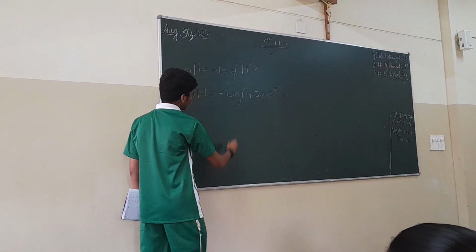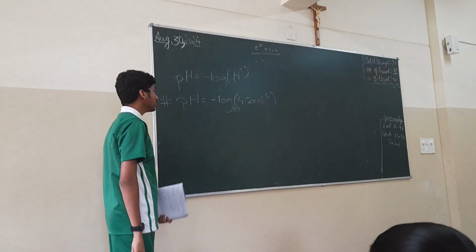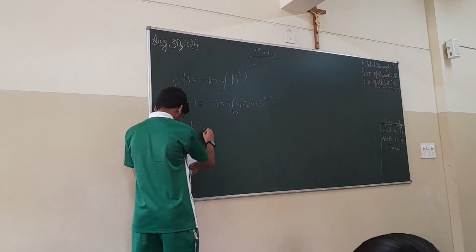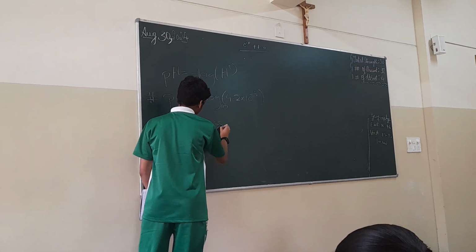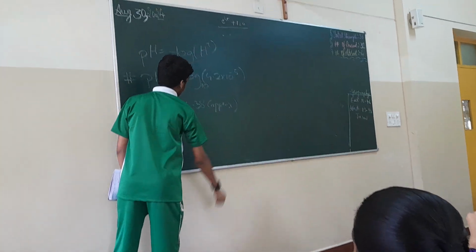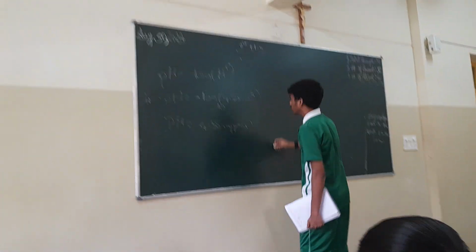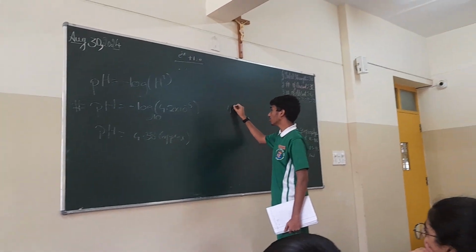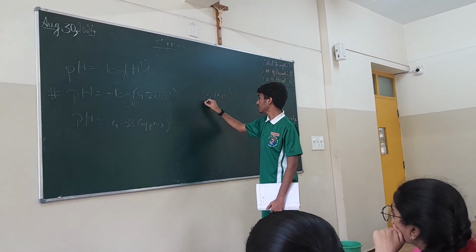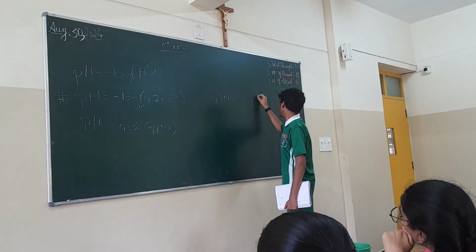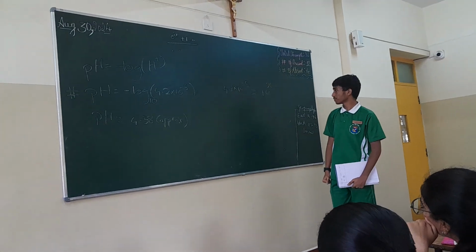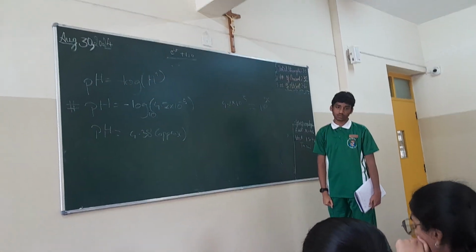When the base is not given, you always take it as 10. The pH level is equal to 4.38 approximately. The answer is: 4.2 into 10 power negative 5 to the base 10 raised to x is equal to, we have to find out.